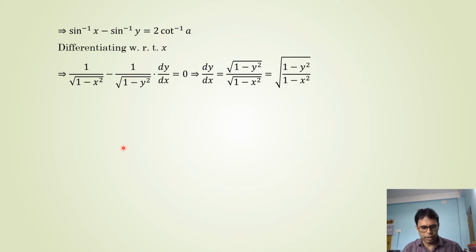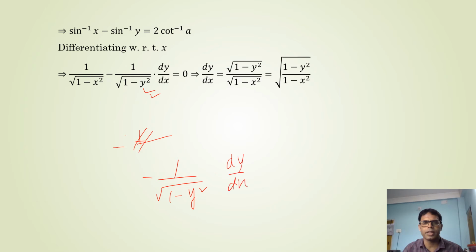After that, I have skipped one line; there is nothing extra, you can check what I have done. So dy dx is equal to, what will we get here? First of all, the left hand side is minus 1 by root over 1 minus y square into dy dx. On the right hand side it is minus 1 by root over 1 minus x square.